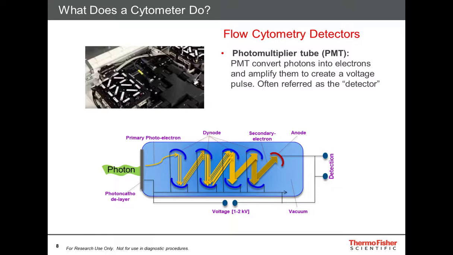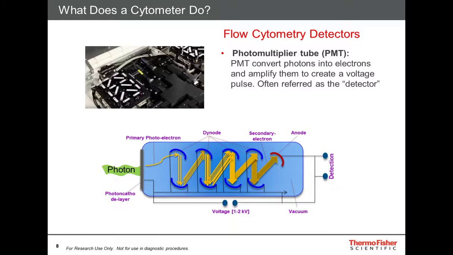In the upper left corner of the slide there, you'll see what happens when you open the machine, the Attune NXT flow cytometer, which I represent as the field application scientist. So here you can see the filters of the machine, and you can see the lasers and some of the optics. So it looks pretty complicated, but it all boils down to the detector.